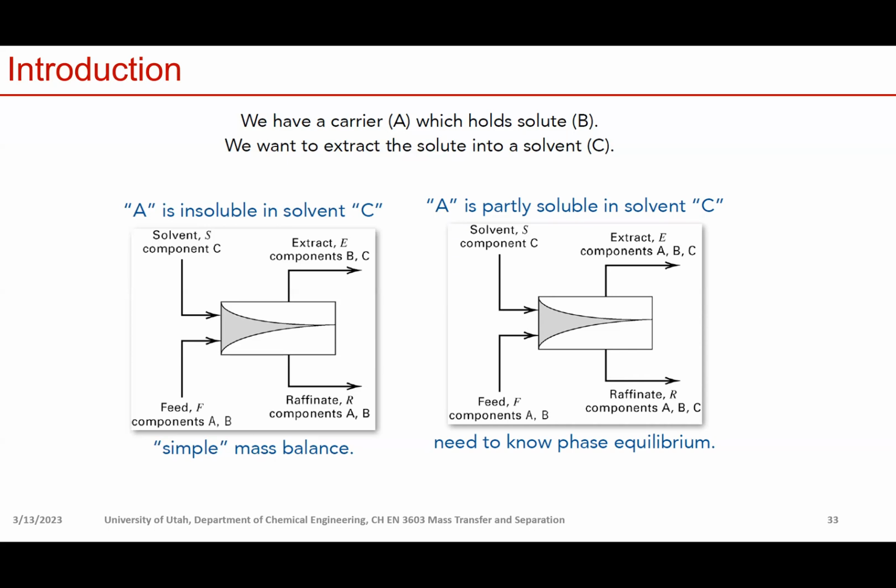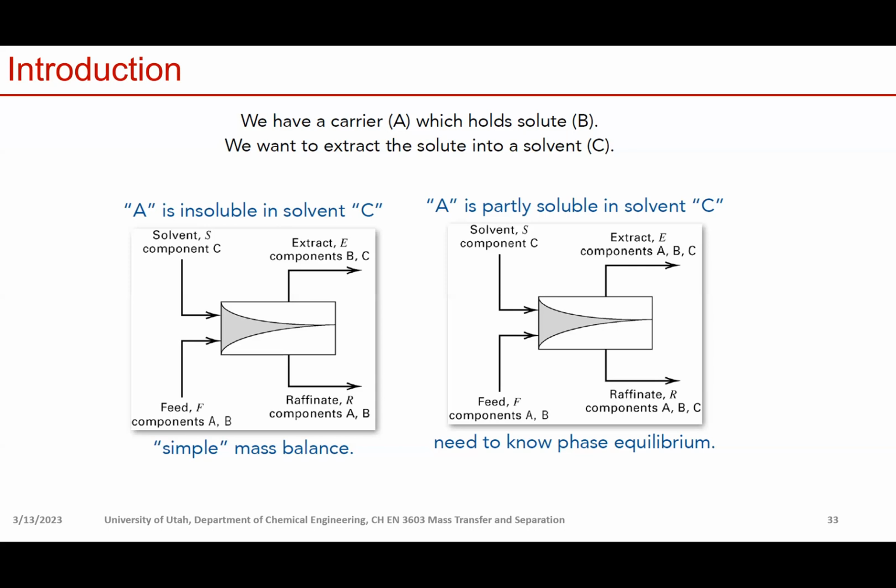When the solvent stream and the feed stream mix in this separation unit, part of the A will dissolve in the solvent stream, because it's partially soluble. As a result, we will end up with an extract stream that has components A, B, and C. C is the solvent, which will dissolve some A, and because B is soluble in A, B will come out together with A as well.